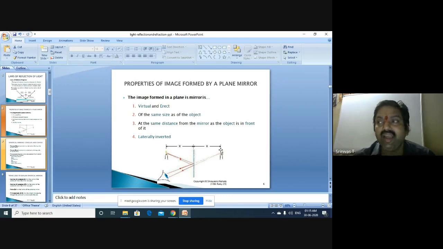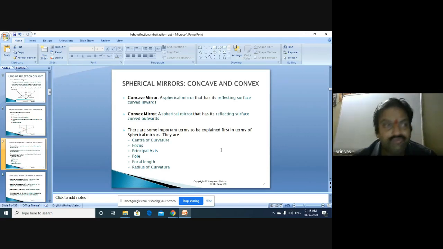When I say lateral, I mean that in the plane mirror, whatever is on the right hand side appears as left hand side, and that is what we call laterally inverted. So an L looks like an inverted L. That's how we can see the cases with images. Now these are the properties of the plane mirror.